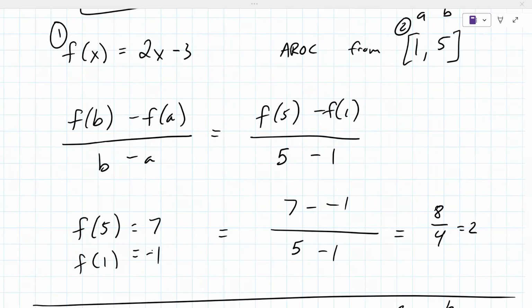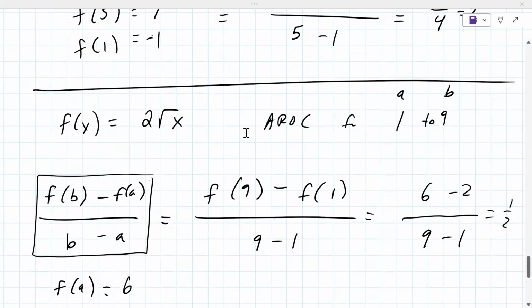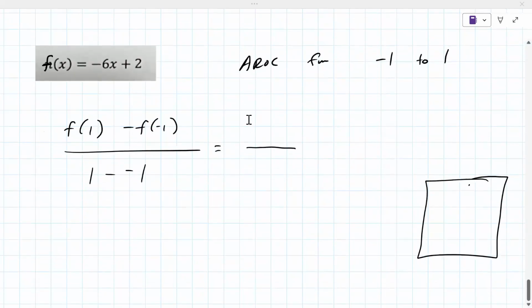So it would be -12 over 2. Okay. So what does that become? That would be -6. All right. Good job on that.